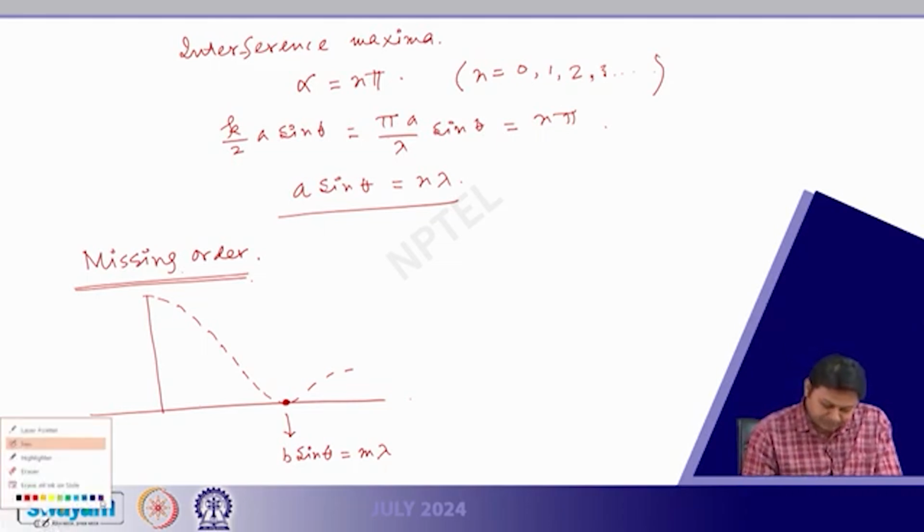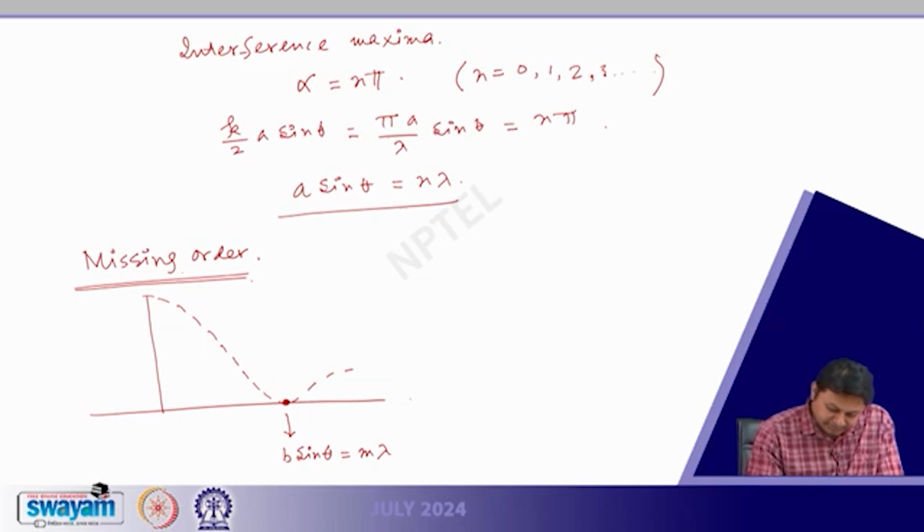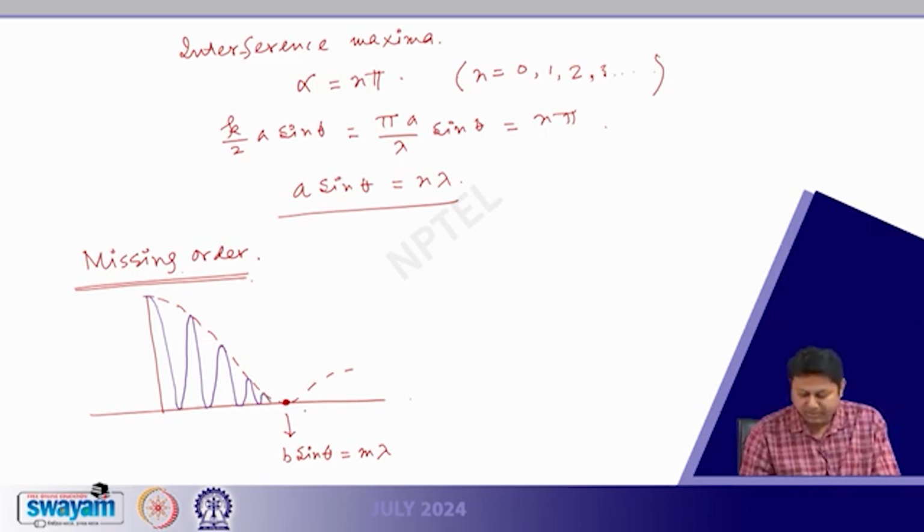Now, for the same wave we can have an intensity distribution like this, and this intensity distribution suggests that maybe there is a maxima at this point which becomes 0 because of the minima of the diffraction pattern. So, the interference maxima was supposed to be there, and that is vanished due to this.